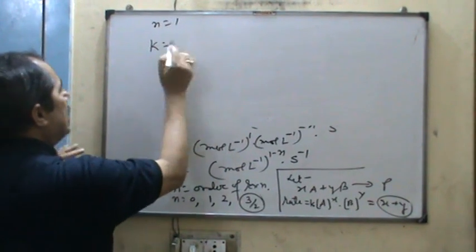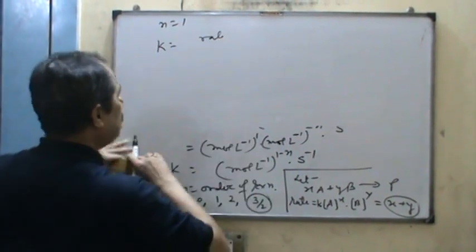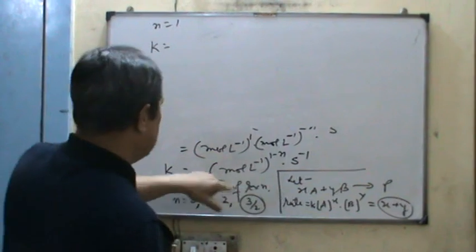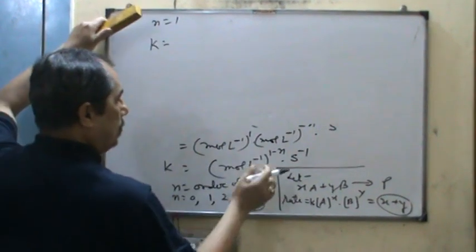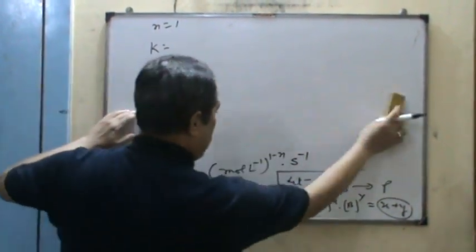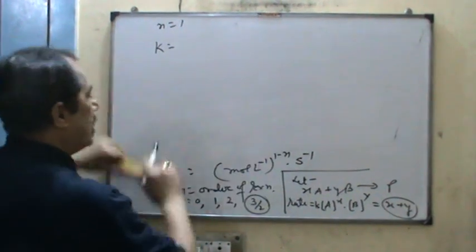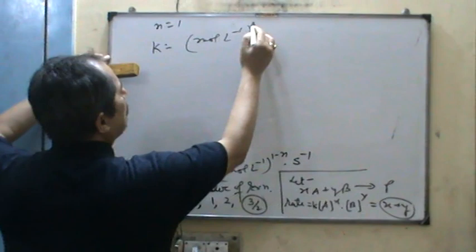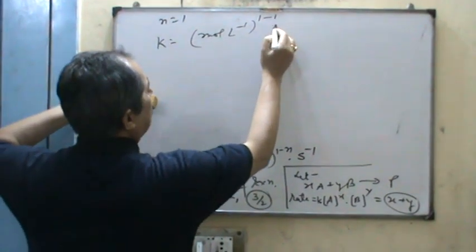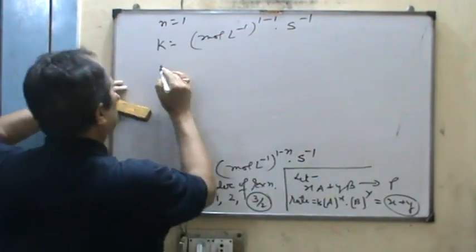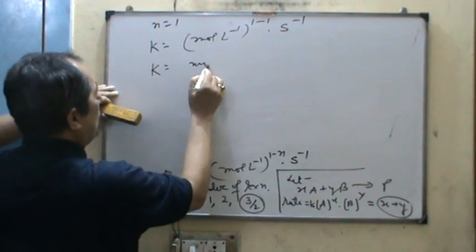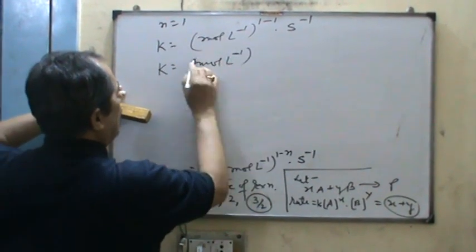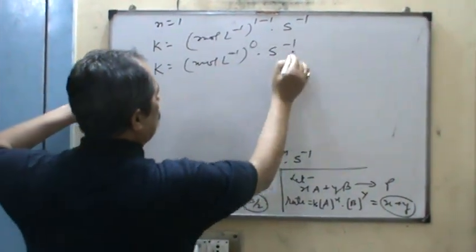What is the unit? k is equal to, apply this formula, (mole liter^-1)^(1-1) into second^-1. So k is equal to (mole liter^-1)^0 into second^-1.